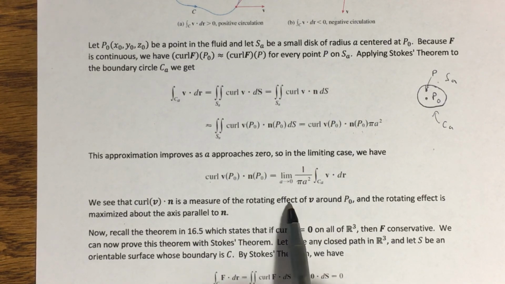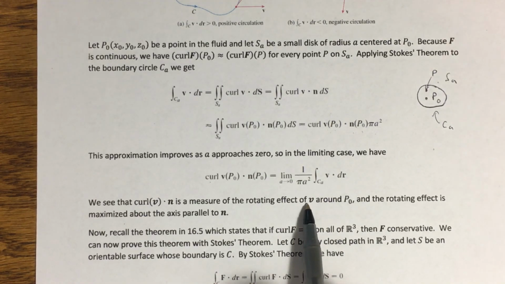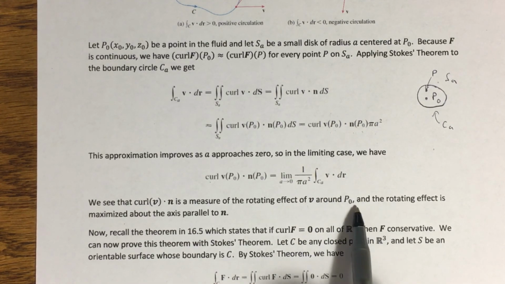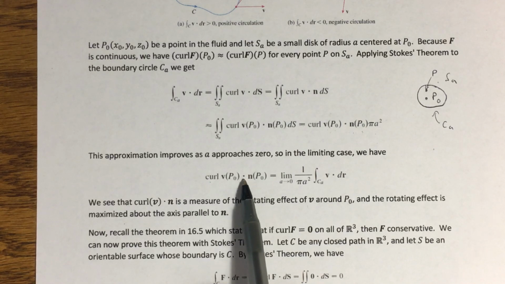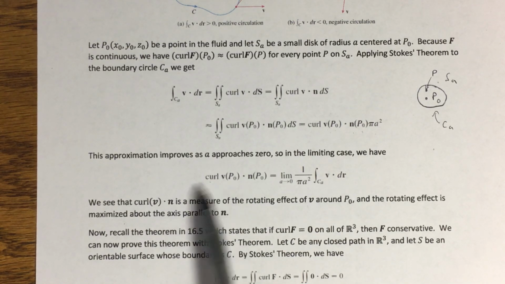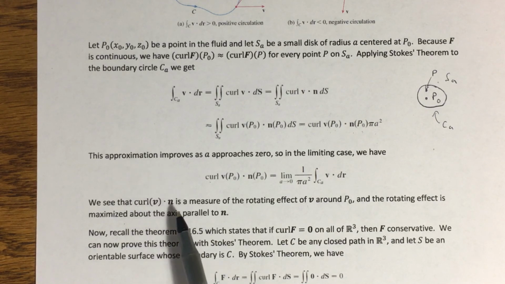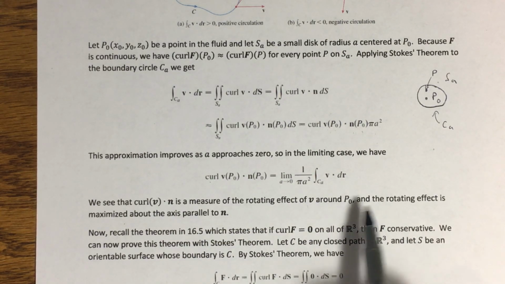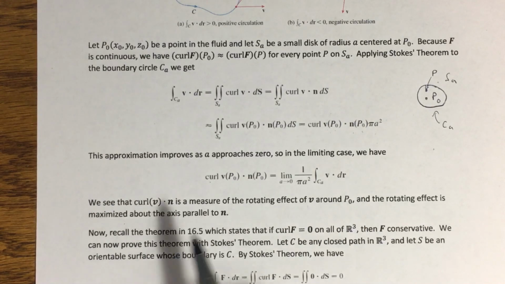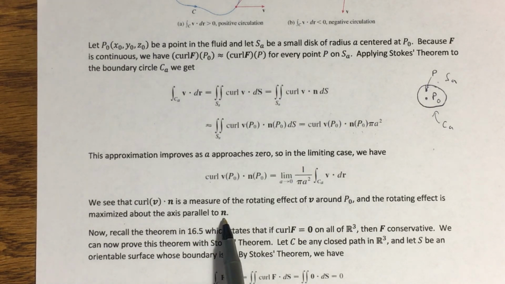So it represents the rotating effect of my velocity field around the point p naught. And then on top of that, we said that this dot product is going to be maximized if the vector v is aligned with the normal vector n, if they're pointing in the same direction. What that means is that the rotating effect is maximized about the axis parallel to that normal vector.